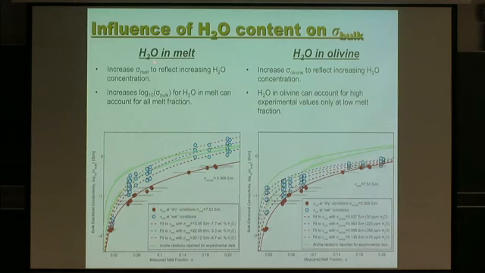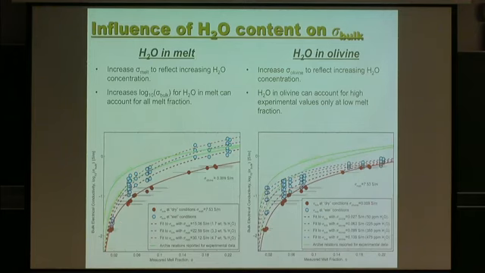So we put both water in the melt and water in the olivine just to see what's going to happen. And once you have the water in the melt and the olivine, there will be a partition between them. So we use that melt program to calculate how much that will affect it, and those are the numbers we put there, right?